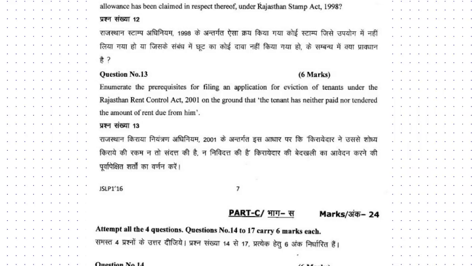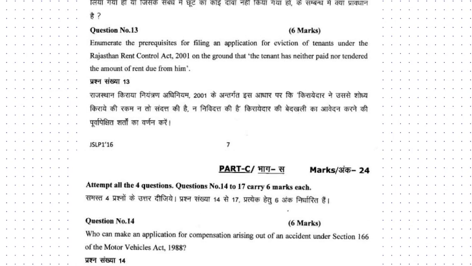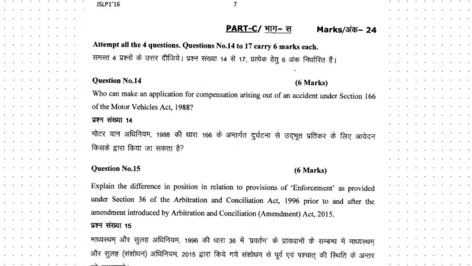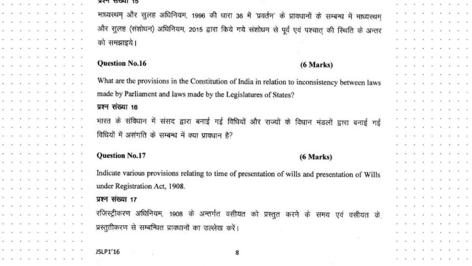For example, Rent Control Act, you should know. And if you go through these past year questions, you also see what are the areas of particular laws that they are inclined towards, or they generally use a lot. So you can get these question papers and do a practice test for yourself.